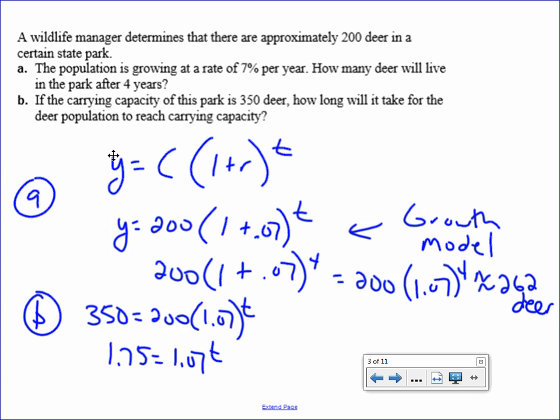So I do 1.07 to the 7th power, and not quite there, so 1.07 to the 8th power, and it's between 8 and 9 years. Okay.